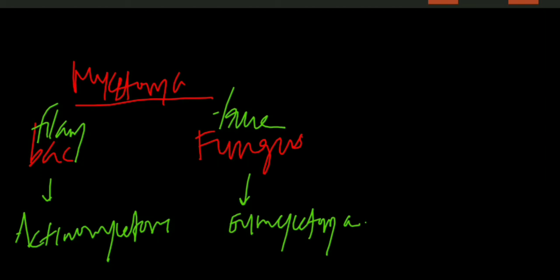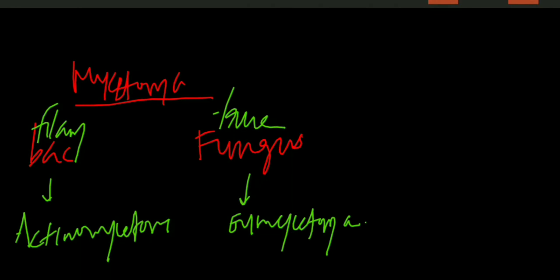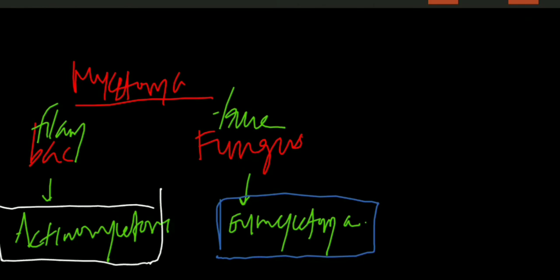Now, how can we know by clinical presentation whether it is Actinomycetoma or Mycetoma? By looking at the grains. If the grains are dark colored, then it is Mycetoma. So in Mycetoma the grains are dark colored, whereas in Actinomycetoma the grains are white or pale colored.